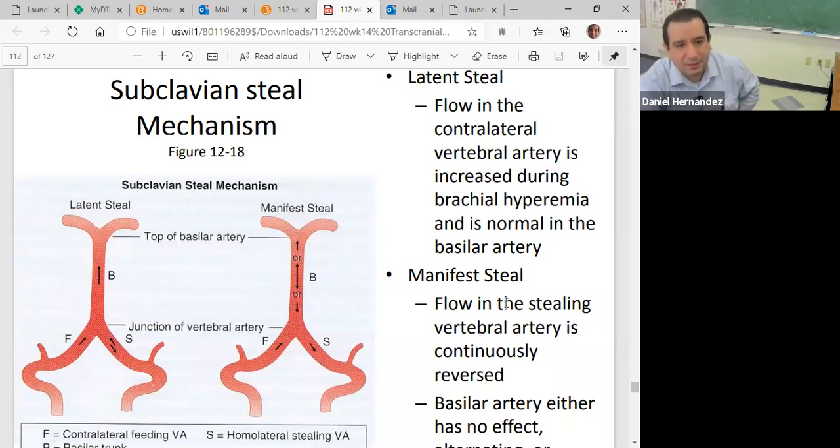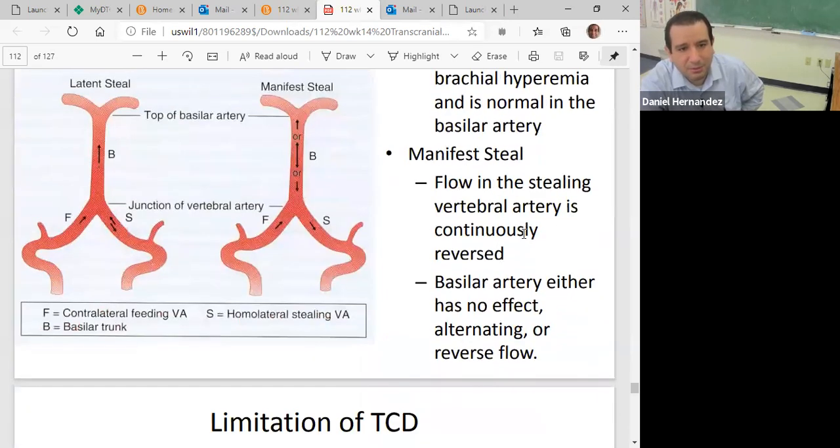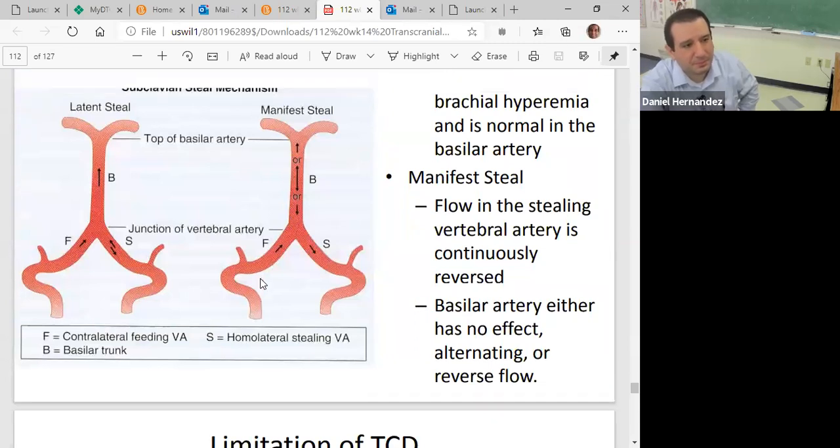In a manifest steal, flow in the stealing vertebral artery is continuously reversed. The basilar artery may have no effect, alternating flow, or flow reversal.